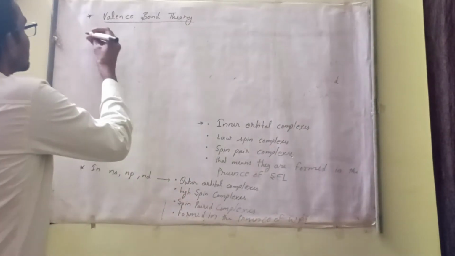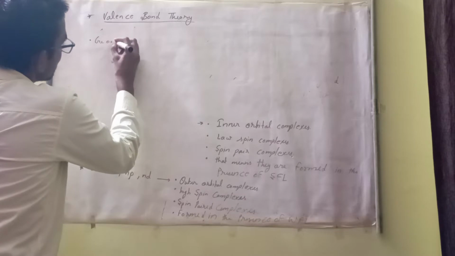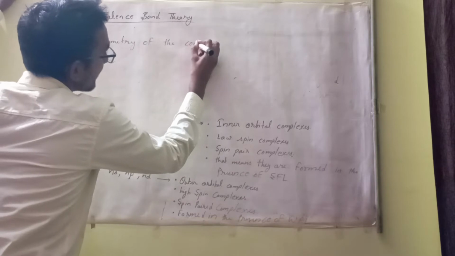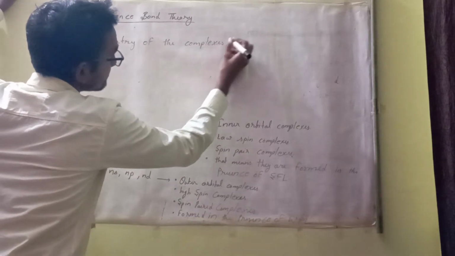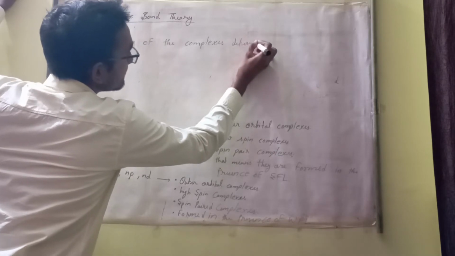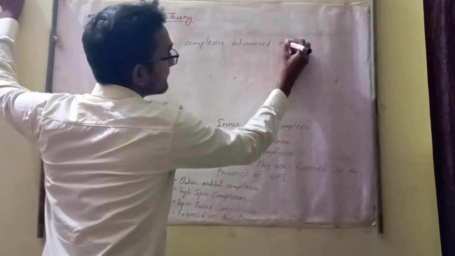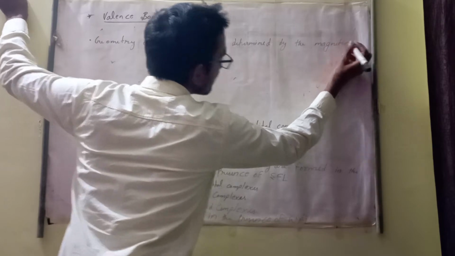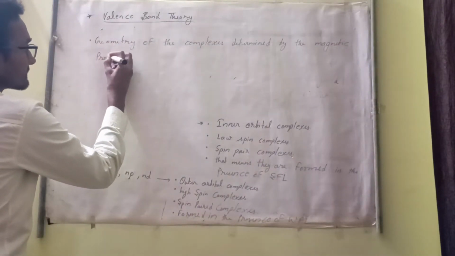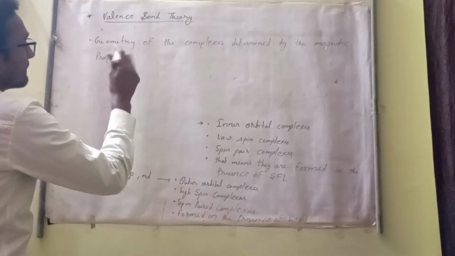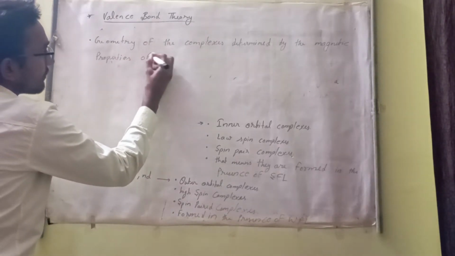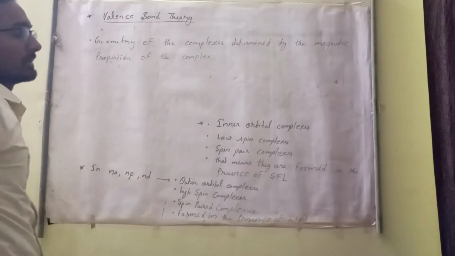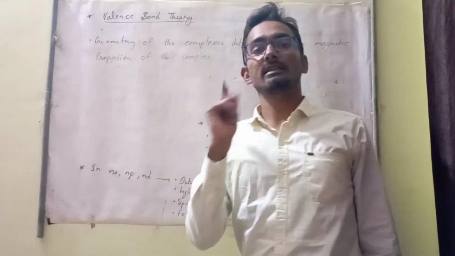Geometry of the complexes is determined by the magnetic properties of the complex, and hybridization does not involve in the determination of geometry.